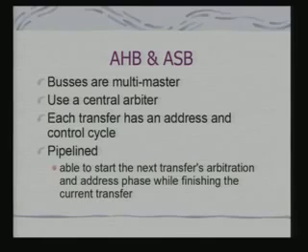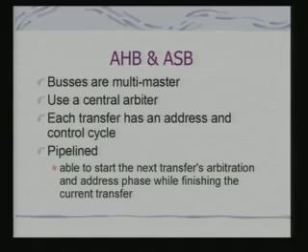These buses, I already told you, are pipelined buses. What does that mean? They can start the next transfer's arbitration and address phase while finishing the current transfer. While the current data transfer is taking place, it can start the arbitration for the next phase. So obviously, since these are pipelined, the speed at which the transfer takes place is much higher.